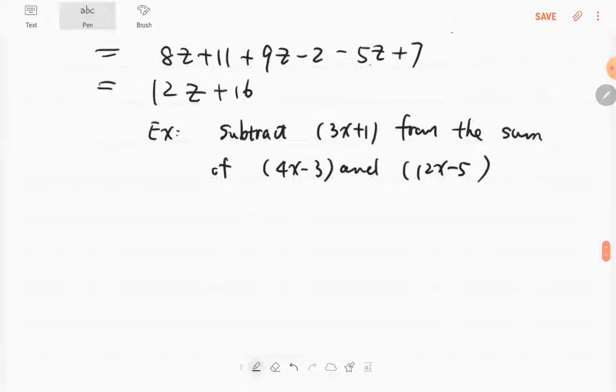Again, we almost do the same thing. First, we know we should find the sum, right? We should subtract the term from the sum, so we need to get the sum first. Then do the subtraction.